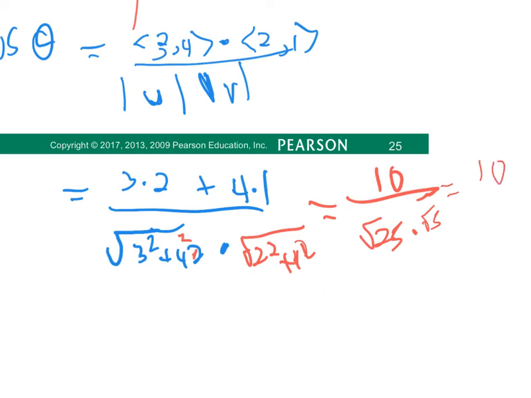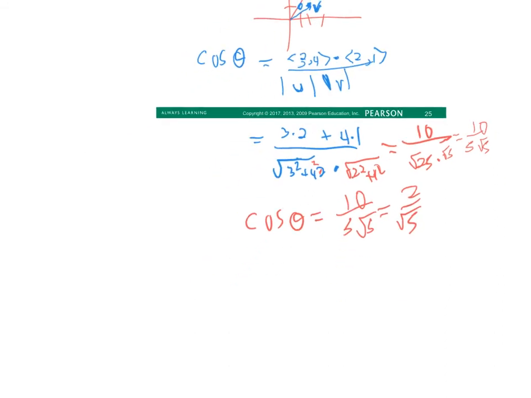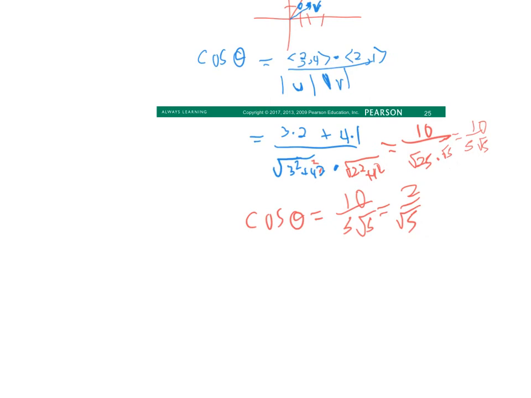Equals 10 over 5, still times the square root of 5, which I don't know. So cosine of theta is 10 over 5 square root of 5, which is 2 over square root of 5. Got to pick up my calculator and do the arc cosine of 2 over the square root of 5.